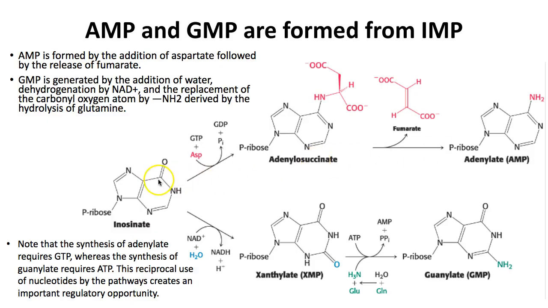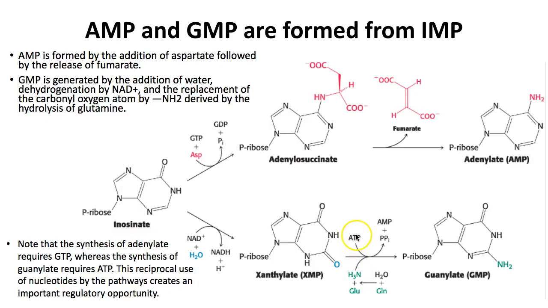And so if you go in the other direction with IMP to make GMP, you need NAD plus, which you know oxidizes, and so from there, it forms with water this carbon double bond to oxygen right here. And then you have glutamine going through hydrolysis to provide that free ammonia that can be used as a nucleophile.